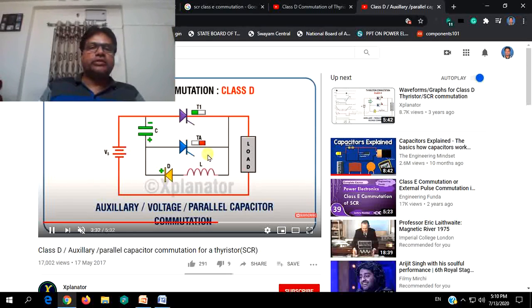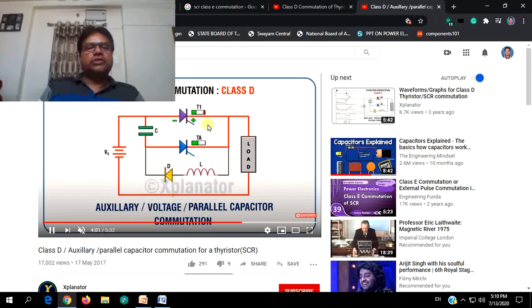When a gate pulse is given to the auxiliary SCR when required, then capacitor current flows in this path where it opposes the main anode to cathode current, or this current will flow in the opposite direction.